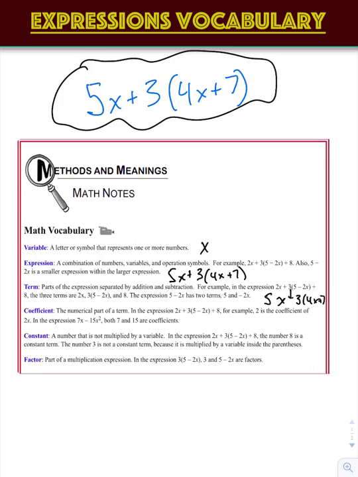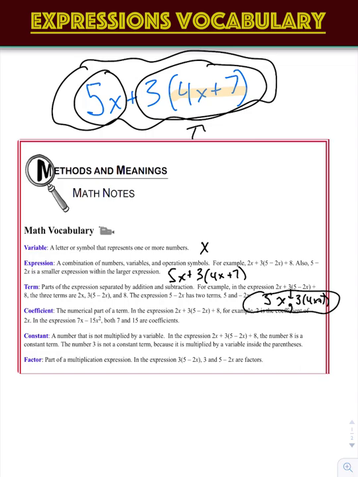So they are separated by a plus sign. These are our two terms. We also technically within this part of our expression have two more terms if we wanted to break it down. So basically we have this as a term, then we have this as a term, and within this term we have 4x and 7 as two terms.